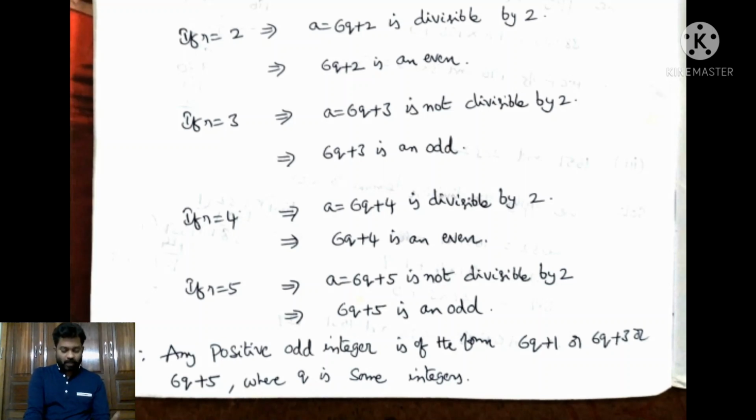Last one, if r equal to 5, that implies a equal to 6q plus 5 is not divisible by 2. That implies 6q plus 5 is an odd number. Let us observe, any positive odd integer is of the form 6q plus 1 or 6q plus 3 or 6q plus 5 where q is some integer.